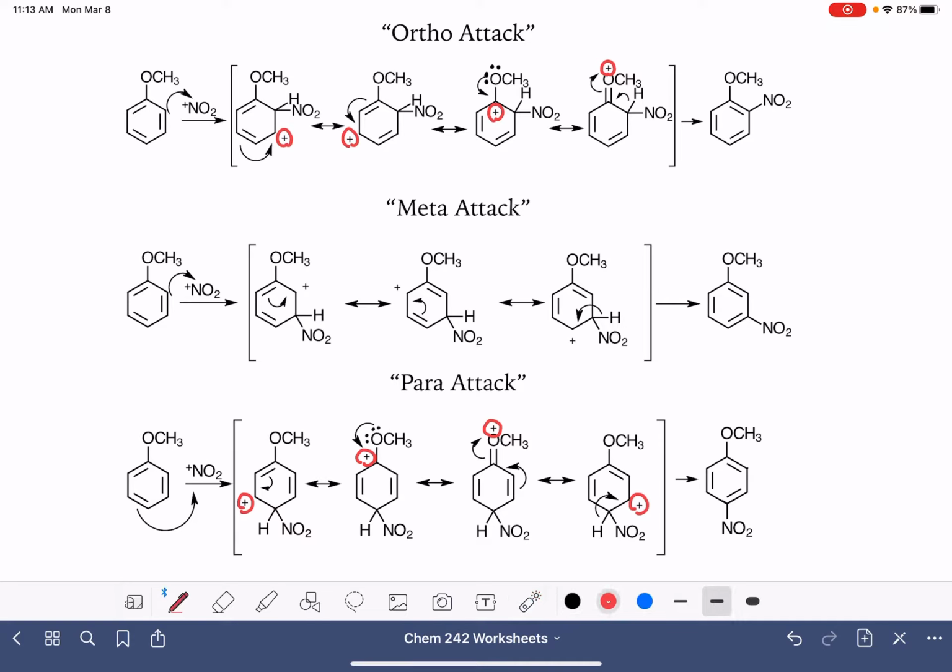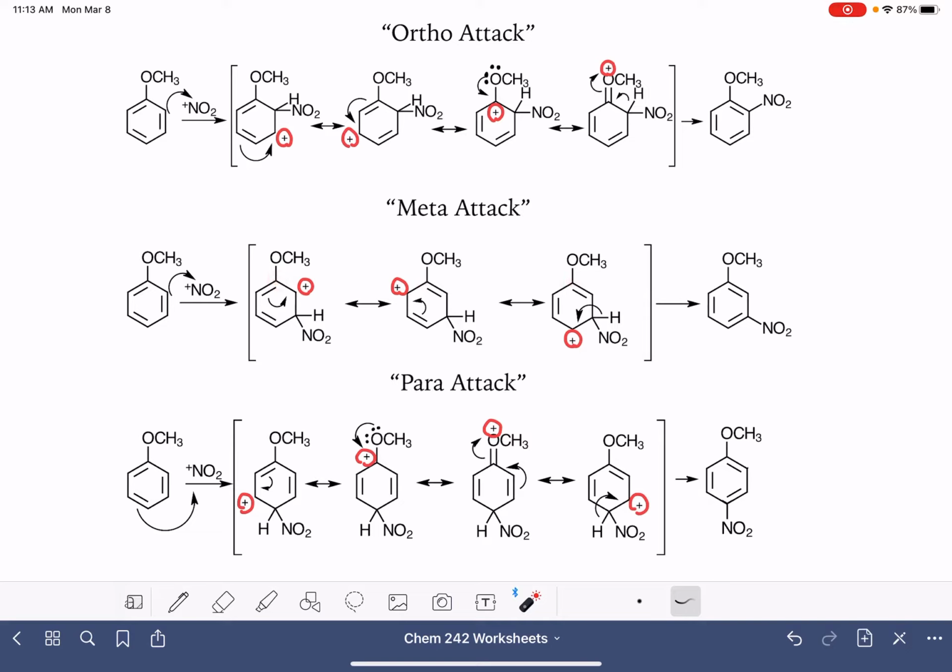And then the meta mechanism, which is always a little bit different, because in the meta mechanism, the positive charge never ends up in the correct position on the benzene ring, so that lone pair of electrons from the oxygen atom is never able to get delocalized down into the ring, which means the positive charge is never able to make its way out of the ring.